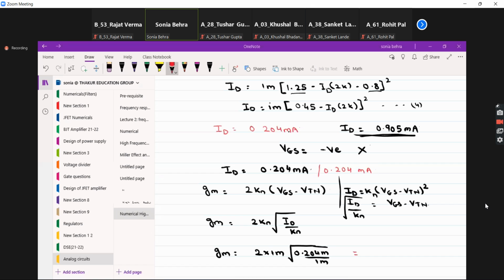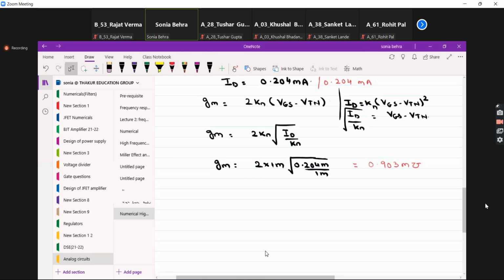Just check it. Yes, Rishabh, it's right. Yes, Radhika, it's right. So the value of GM is coming out to be 0.903 millimho. Okay, 0.903 is the value of GM.